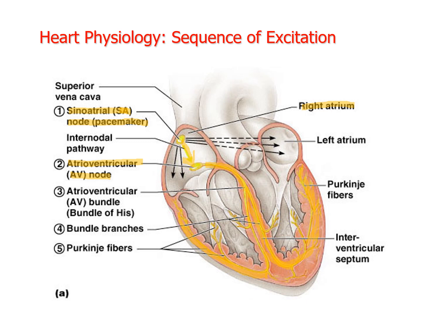So you get this depolarizing wave going through this intrinsic pathway, intrinsic excitable tissue in the heart, starting at the SA node, going to the AV node, going into the bundle of His and the bundle branches and the Purkinje fibers.